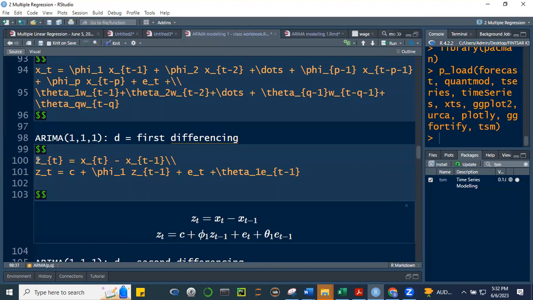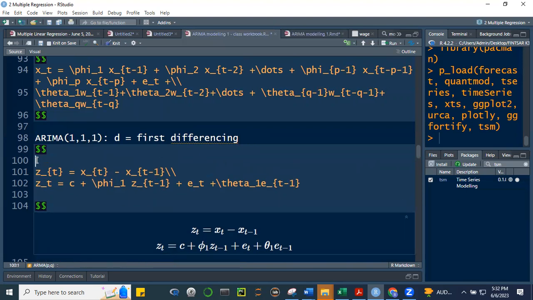Okay, so we have a series. Okay, meron tayong time series, di ba? Yung time series natin, x sub t.